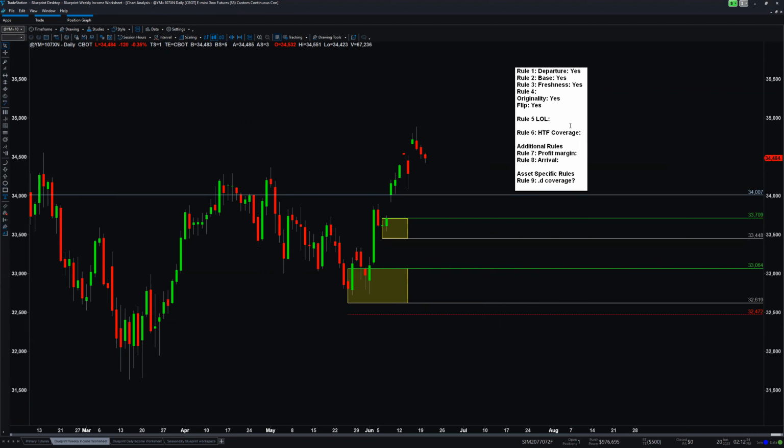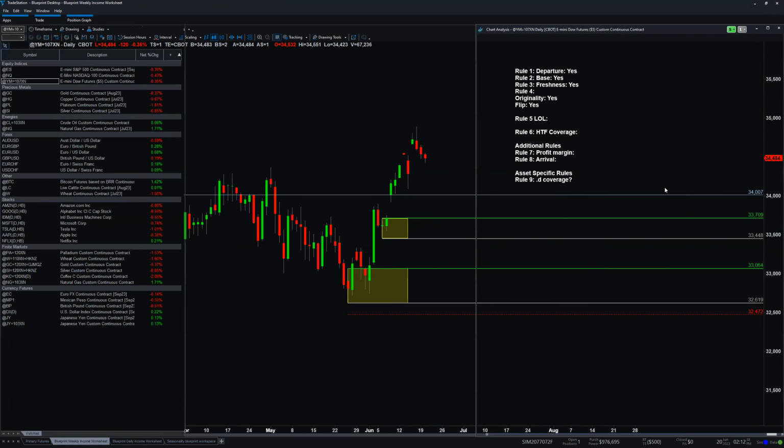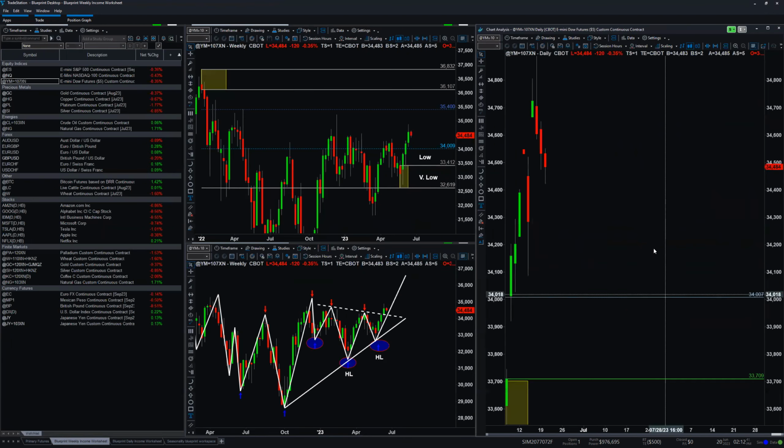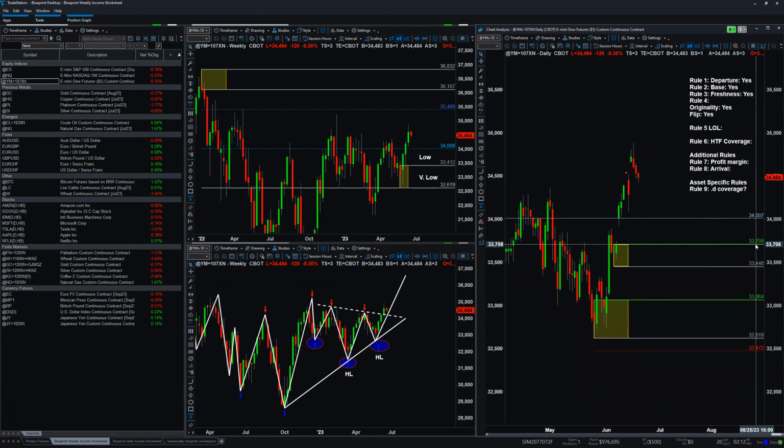Now, higher time frame coverage. Well, let's check higher time frame coverage. So 33,700, I'm right there. Okay, I'm not within the 33,400, I'm just within low.